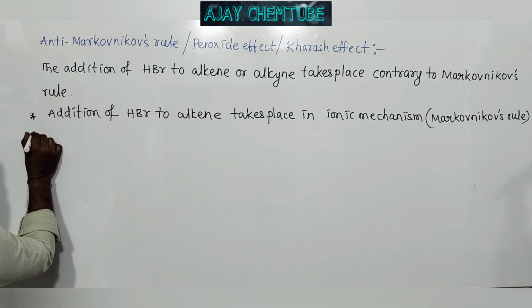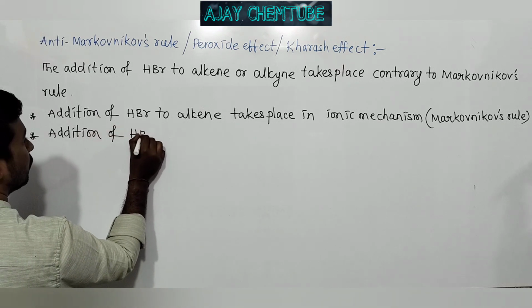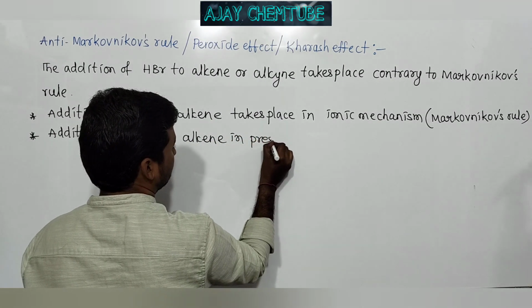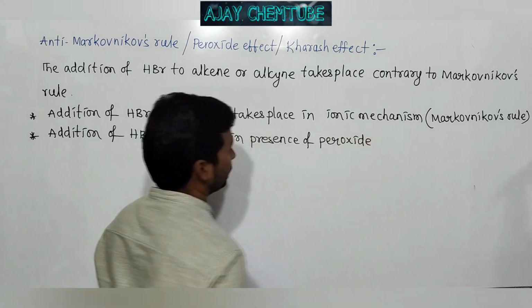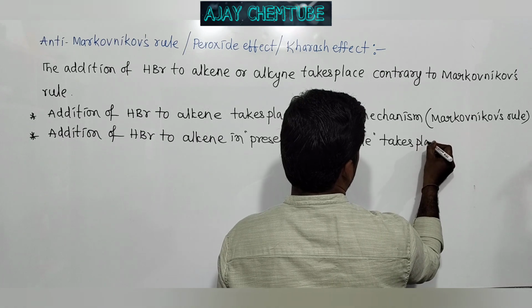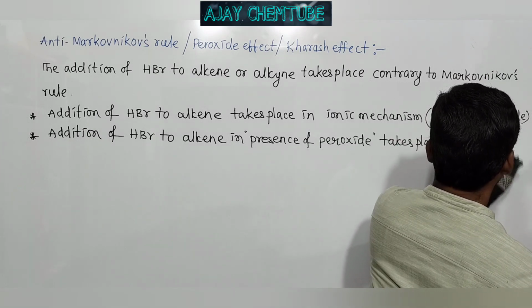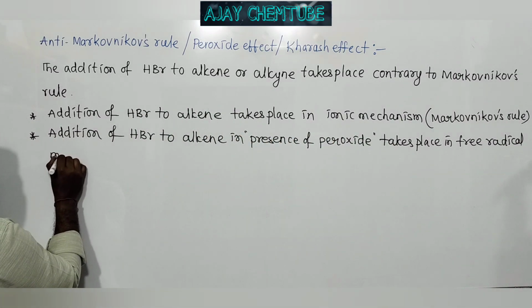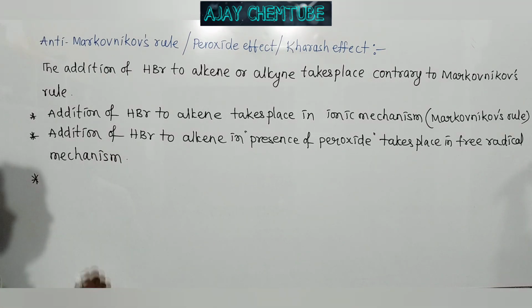But addition of hydrogen bromide to alkene in presence of peroxide takes place in a free radical mechanism. This is important.